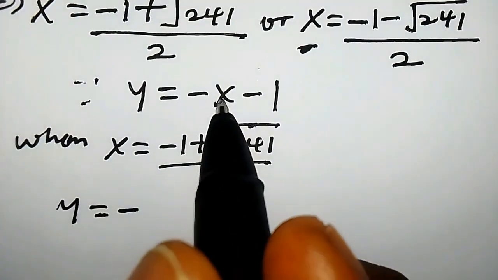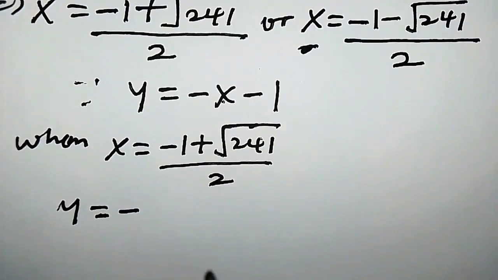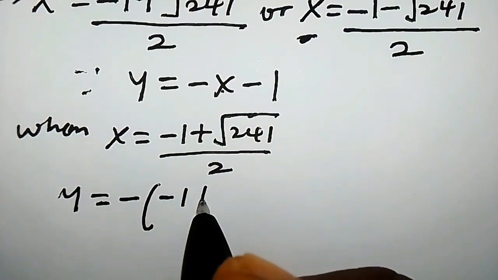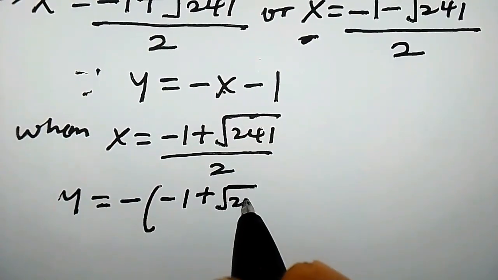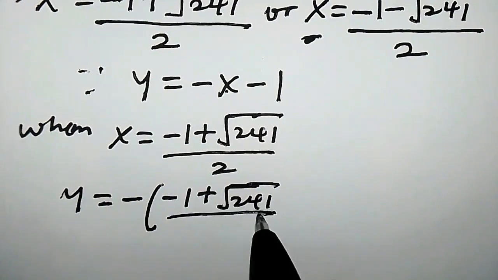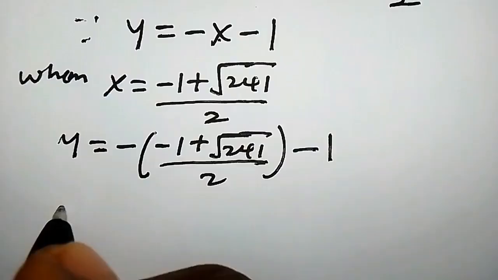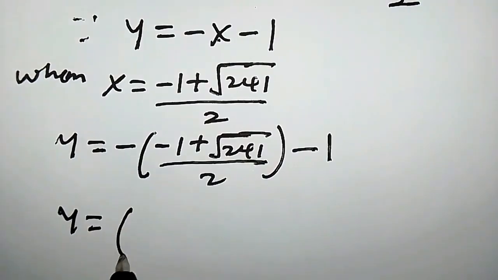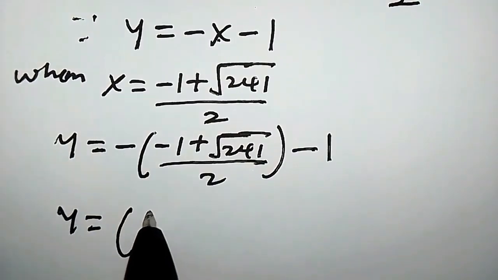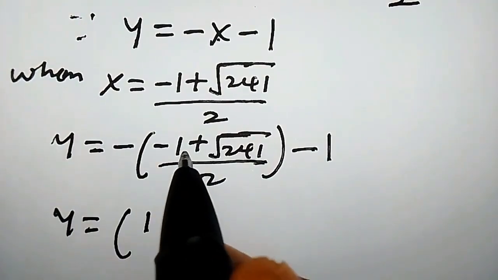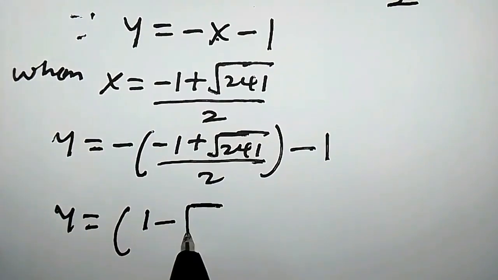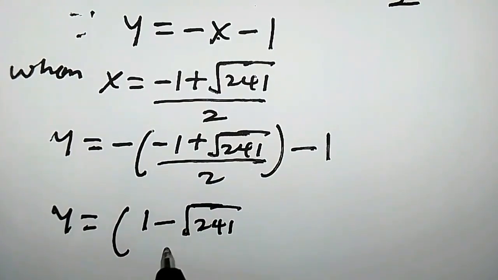We will now replace this particular x with this guy. So we have minus, open bracket, minus 1 plus root 241 divided by 2, close the bracket, minus 1.